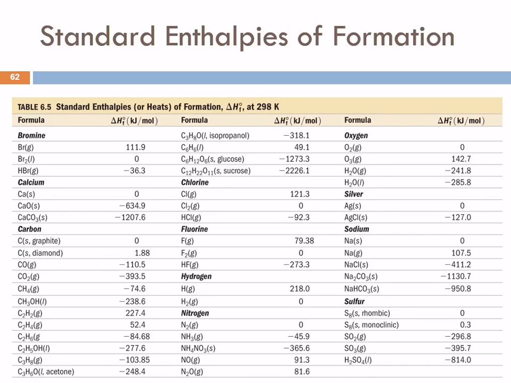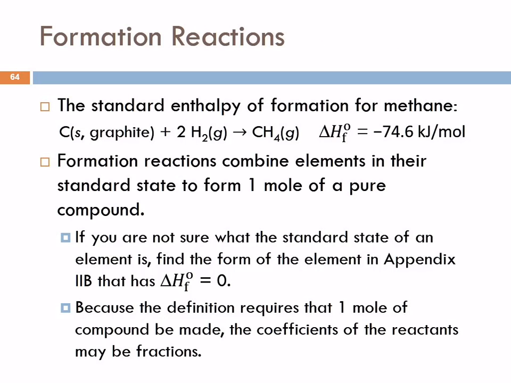That tells me that's the one in its standard state. When we write these formation reactions, we have to have, by definition, 1 mole of compound as our product. So sometimes we're going to get fractional coefficients, and that's okay.